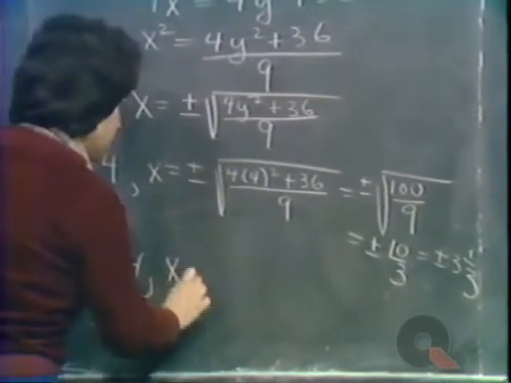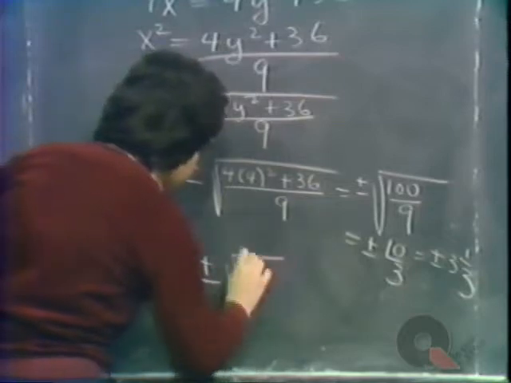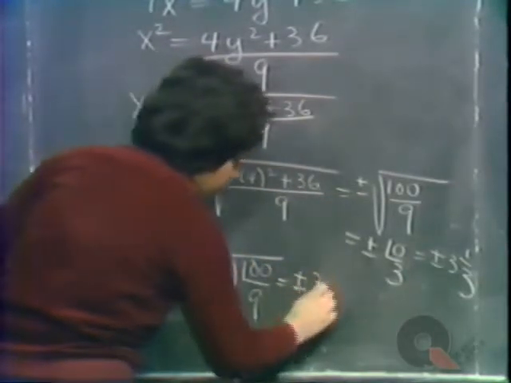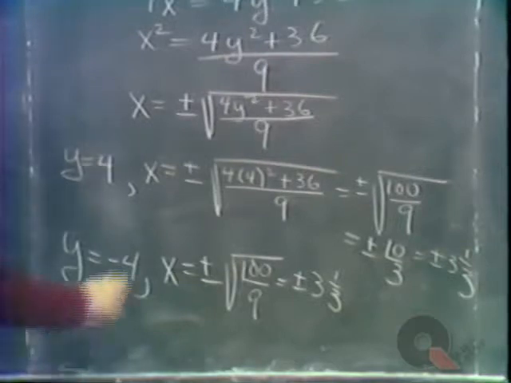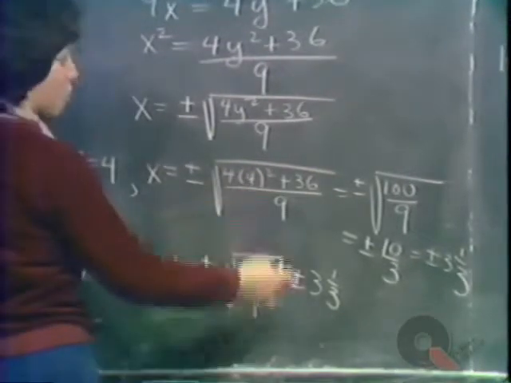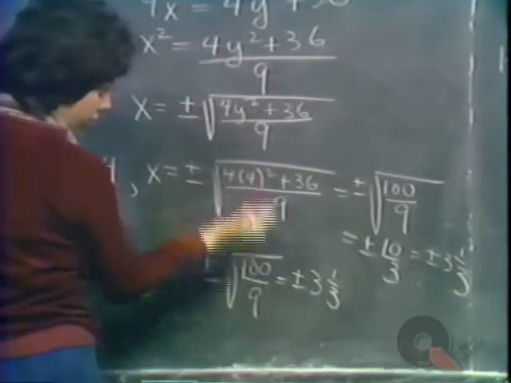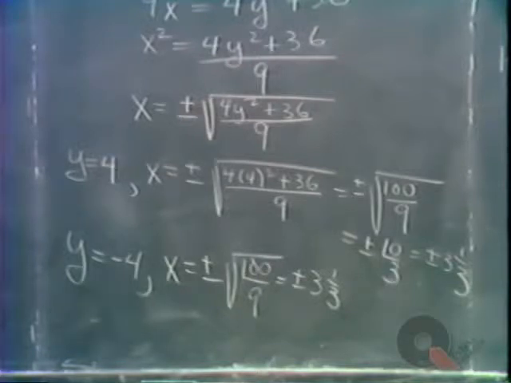So x is equal to plus or minus the square root of 100 over 9 once again, or plus or minus 3 1/3. If y is equal to 4, or if y is equal to minus 4, because it's being squared here, we didn't get any different answer.